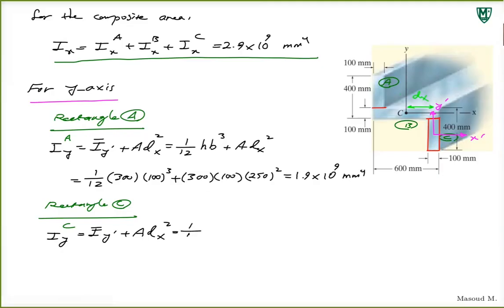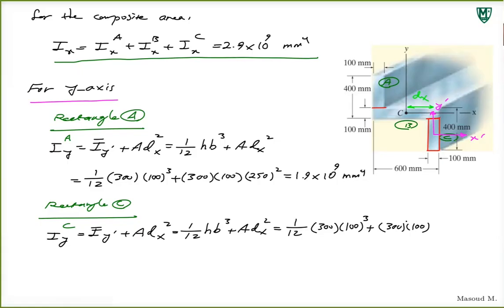So again, 1 over 12 h b cubed plus A dx squared. 1 over 12 h is 300 times 100 cubed, plus the area of C, which is the same as the area of A, 300 times 100, and then the distance dx, which is also the same.